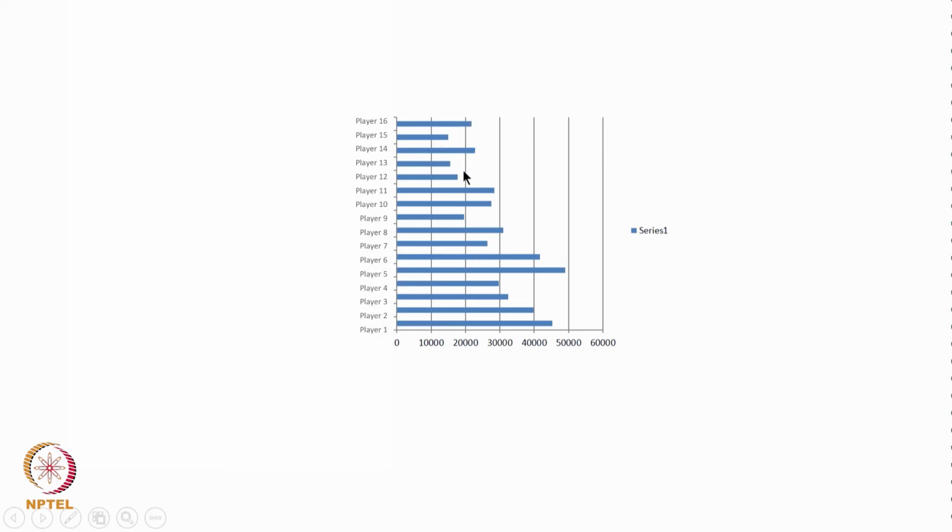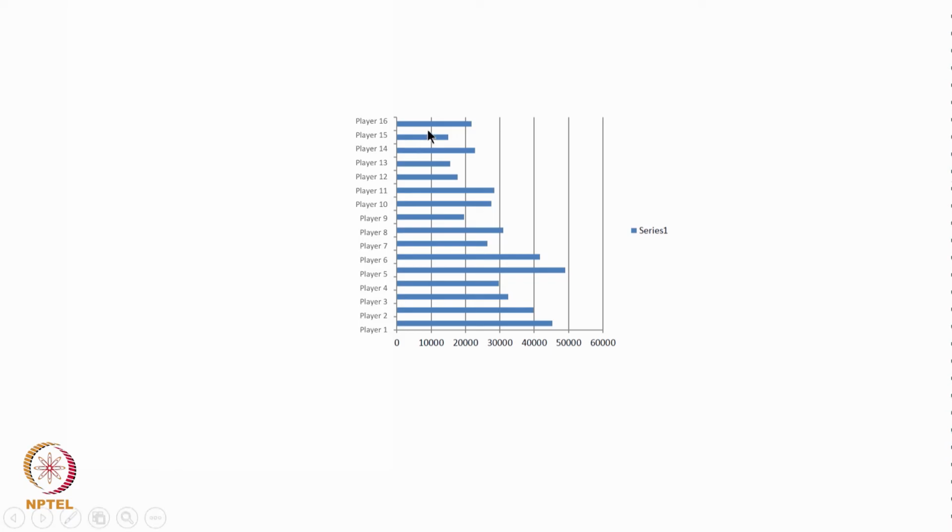Now this is called a bar chart. So a bar chart is a very convenient way of presenting a categorical variable. There are 2 types of bar charts, and this bar chart is called a horizontal bar chart, and the other one, which we will see later, is called a vertical bar chart.